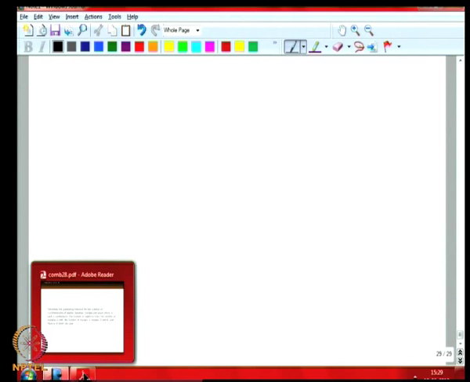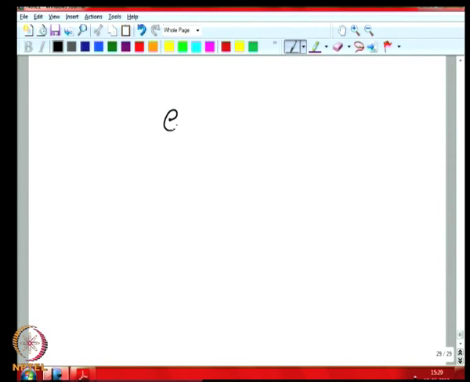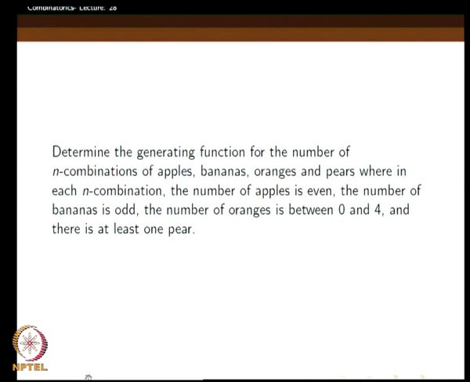See here, it is very clear that we are asking for the number of integer solutions for E1 plus E2 plus E3 plus E4 equal to n, with conditions. E1 corresponds to the number of apples, right, which has to be even, and similarly the number of bananas is odd.